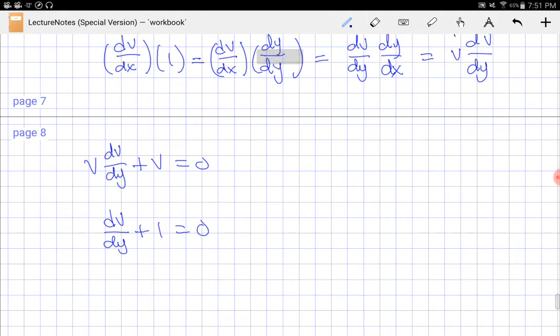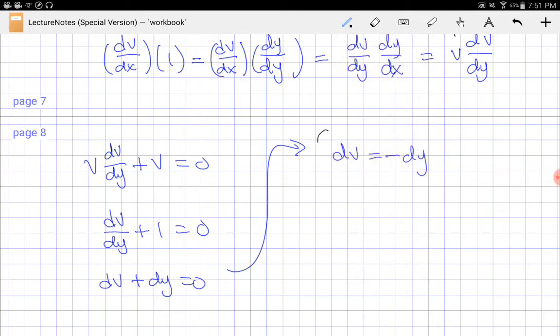And now it's variable separable. We have dv plus dy equals 0, so dv equals negative dy. We can integrate both sides and we get v equals negative y.